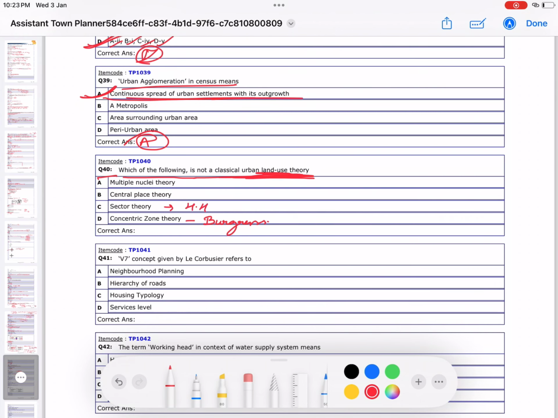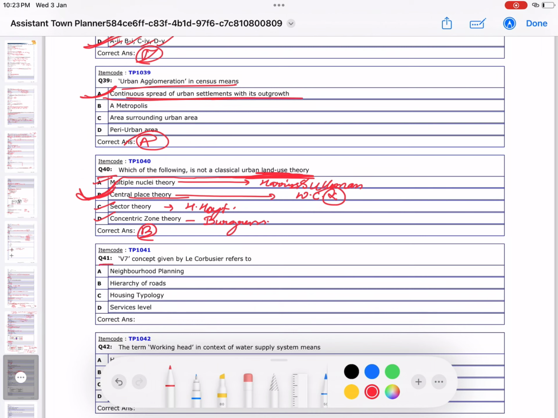Sector theory is given by Homer Hoyt. Multiple nuclei theory is given by Harris and Ullman. Central place theory is given by Walter Christaller, and it is not a land use theory. So B is the correct answer.